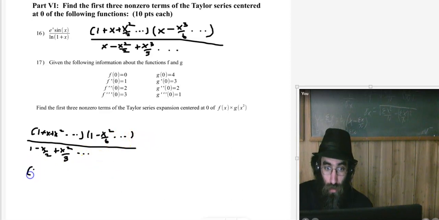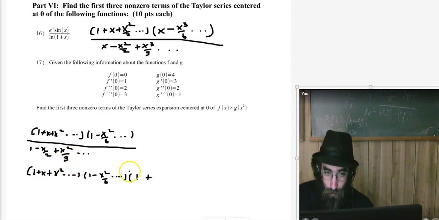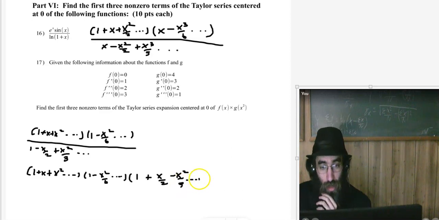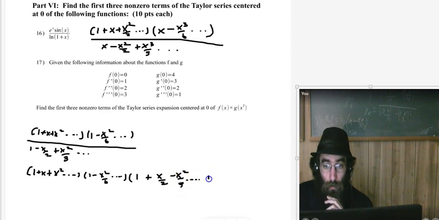So I can say 1 plus x plus x squared, times 1 minus x squared over 6, times 1 plus, now this stuff here is x over 2 minus x squared over 3, dot dot dot. Anytime I go beyond x squared, I can just have dots. Plus the square of this stuff, which is going to be x squared over 4, more dots.